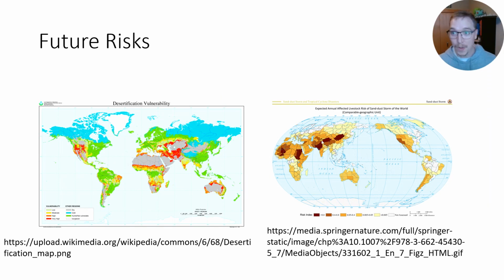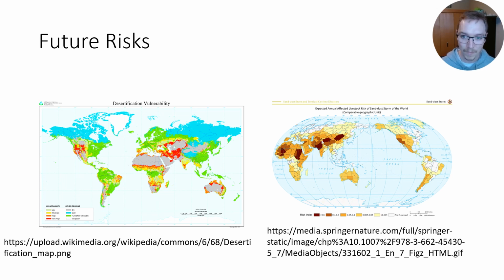So this all said, there are unfortunately increasing risks for these types of phenomena for a number of different reasons. If you look at the map on the right-hand side, you are looking at annual expected affected livestock risks of sand or dust storms around the world.